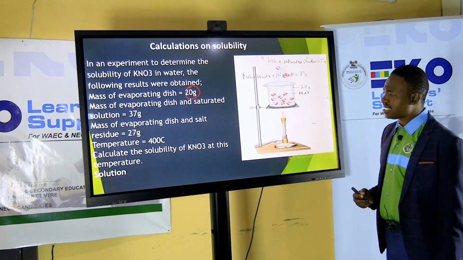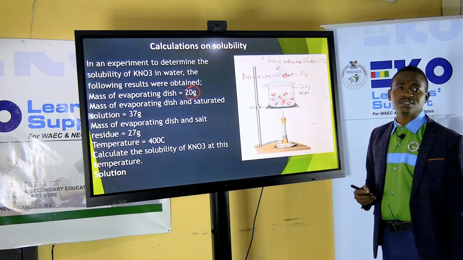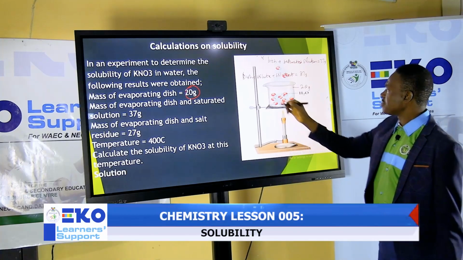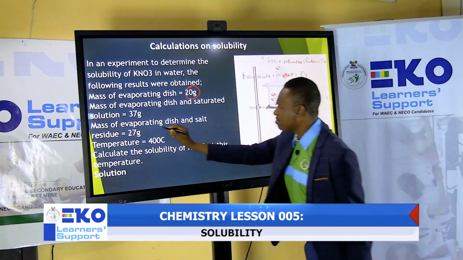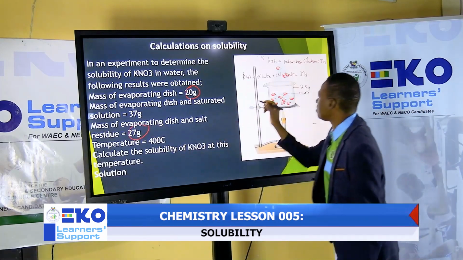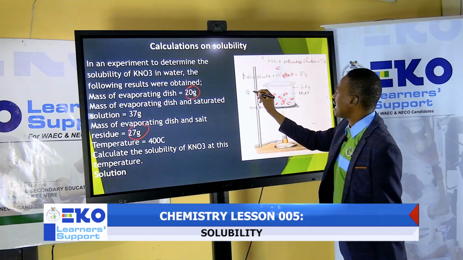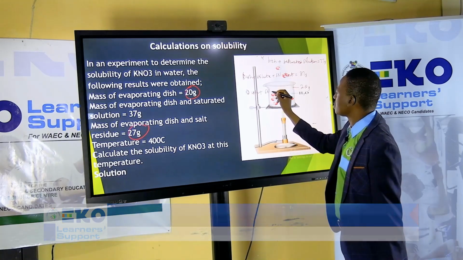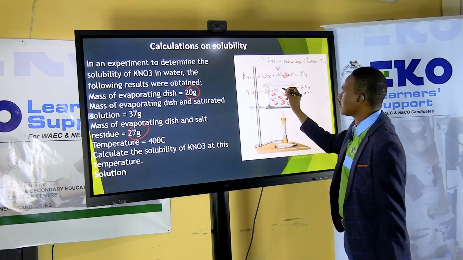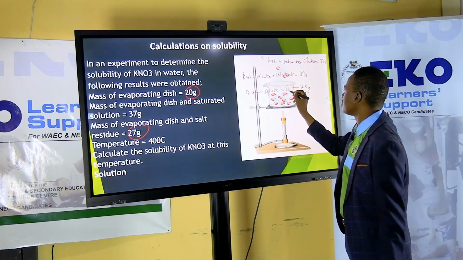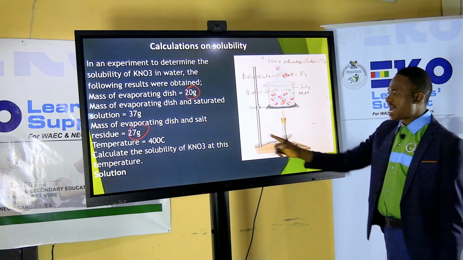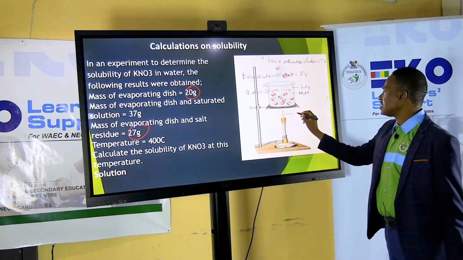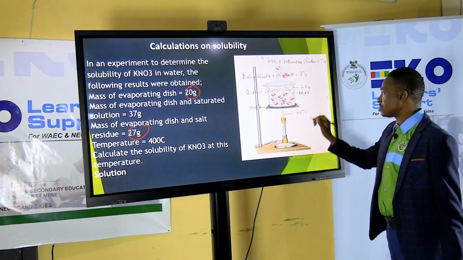Mass of evaporating dish and salt, which is the residue, is 27 grams. So what's the implication? The implication is I have the dish, so I have the solutes, and we're told that it's 27 grams at that particular temperature. So the temperature here is 40 degrees Celsius.